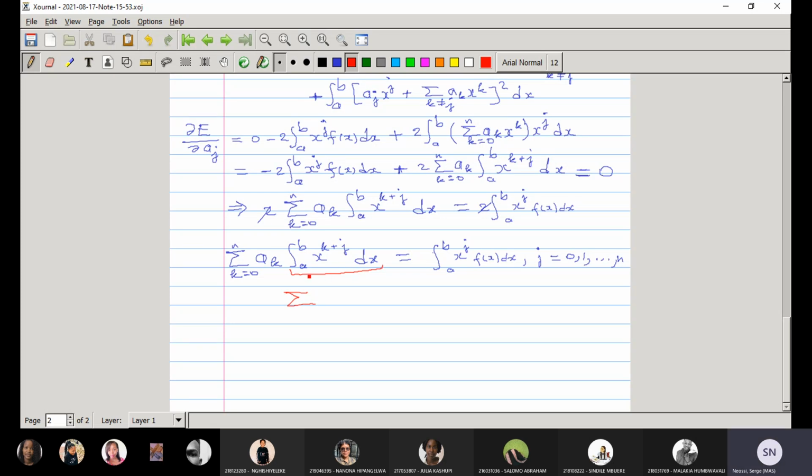If I integrate with respect to x, it will depend on... okay, what varies is this one. It depends on these two, k and j. So I can call this, okay, since it's the coefficient, I will put it here. I will say c. This one is c_kj or c_jk, it doesn't matter.